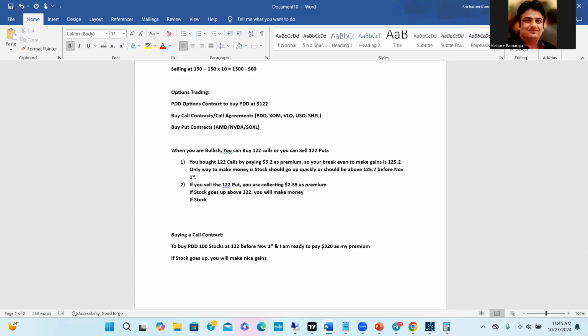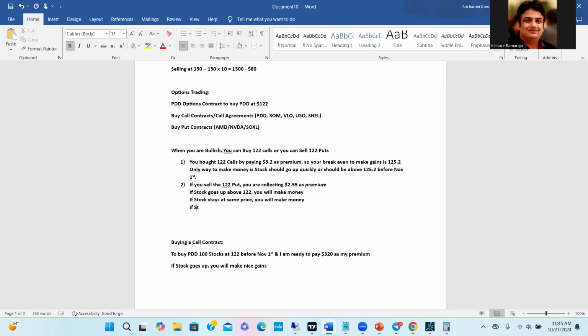If stock stays at the same price, you will make money. Because you are collecting 2.55, that means your break even is 122 minus 2.5, because you already took the money from them, 119.5.